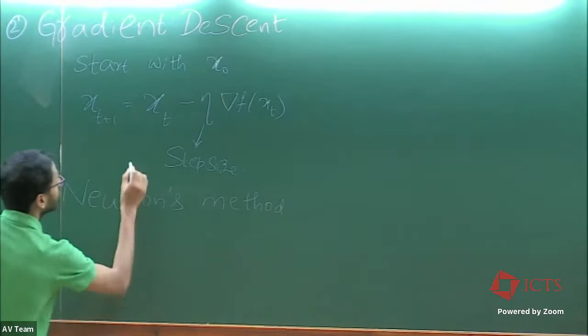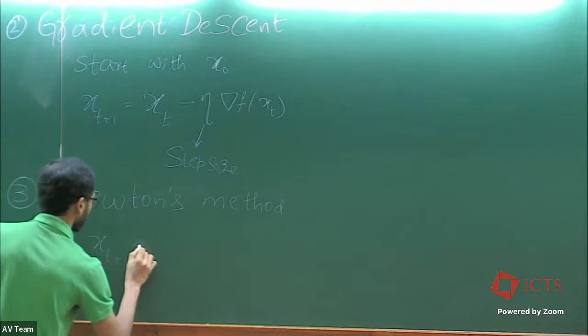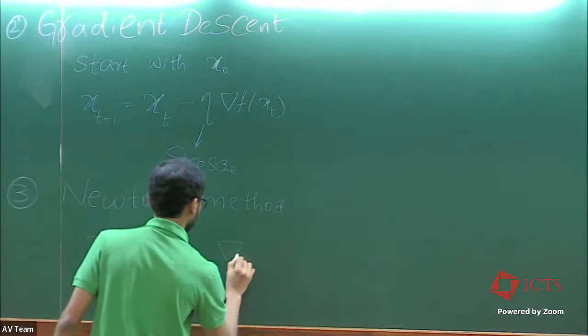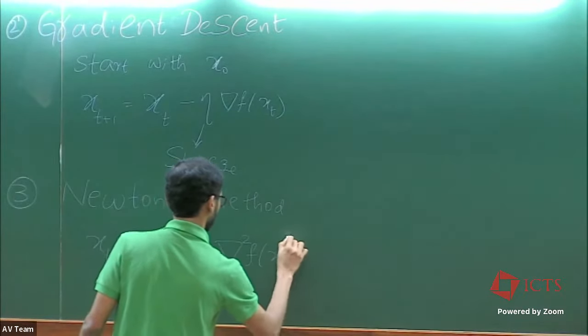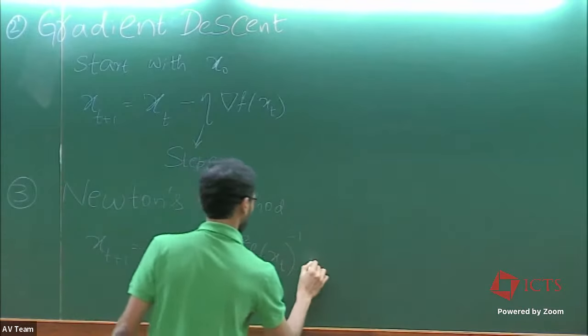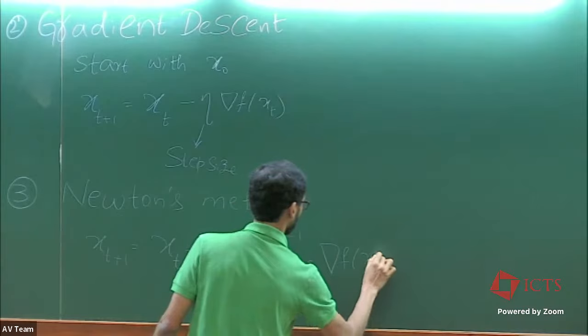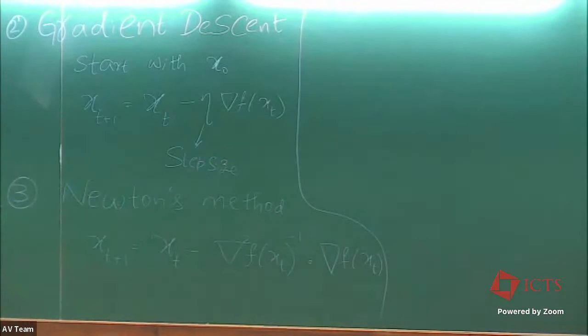Newton's method again starts with some x0, and then the update rule is the following. At every point xt, it queries a second order oracle.